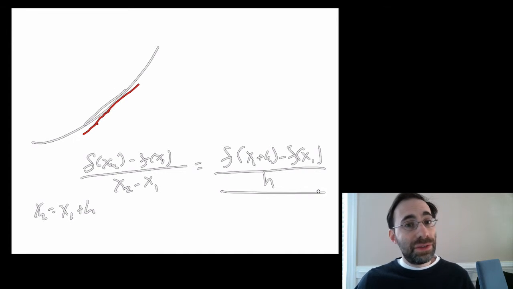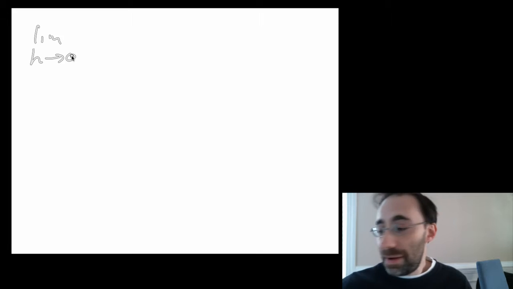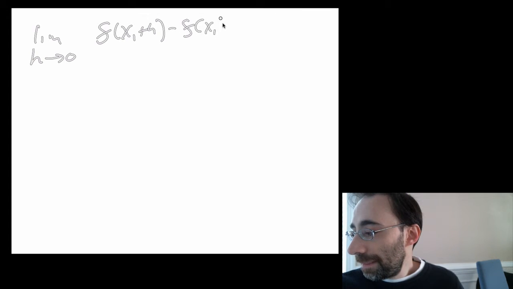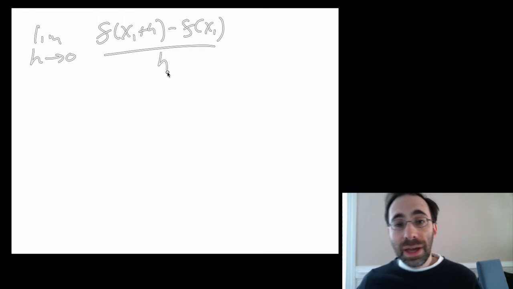That's the definition of a derivative. So let's write that over again. The limit as h goes to 0 of f of x1 plus h minus f of x1, we don't need the 1 anymore, but we'll leave that in there just to remind you, divided by h. And that is the definition of a derivative.